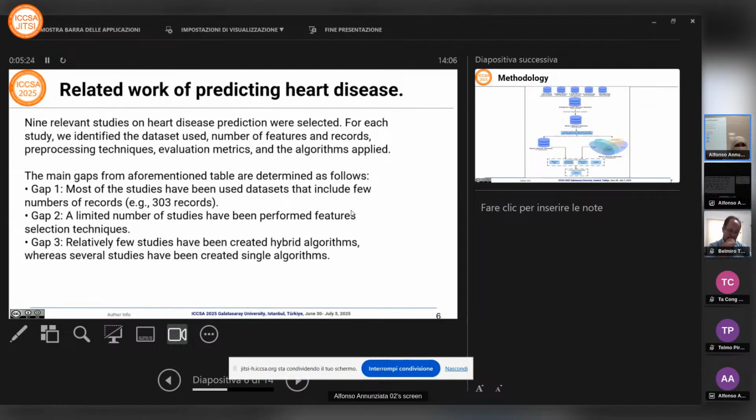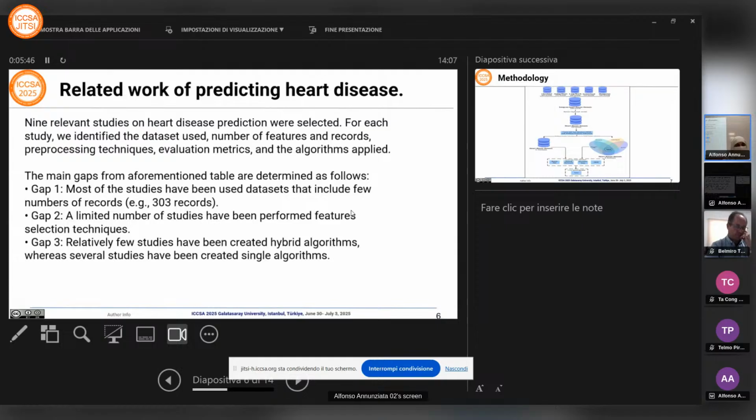So I summarize all this information in a table to compare this information and also to compare the results at the end. So the main gaps from the aforementioned table in the paper are determined as the following. I found these 3 gaps in the table.